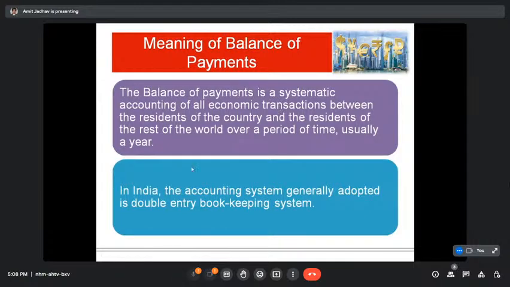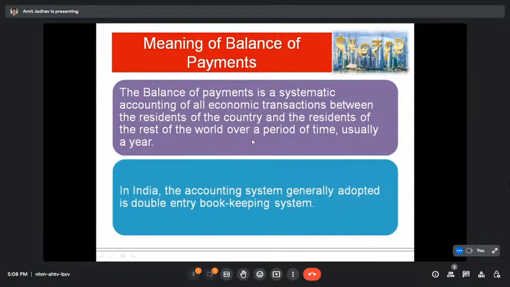Now we have to discuss the meaning of balance of payment. When we want to define it, it can be defined like this: the balance of payment is a systematic accounting of all economic transactions between the residents of a country and the rest of the world over a period of time. Usually, we take a period of one year. Here we take into account all the transactions done by domestic people or society with the rest of the world.